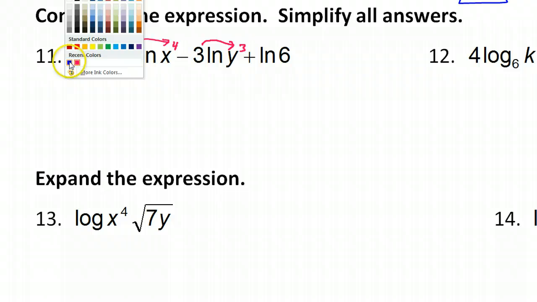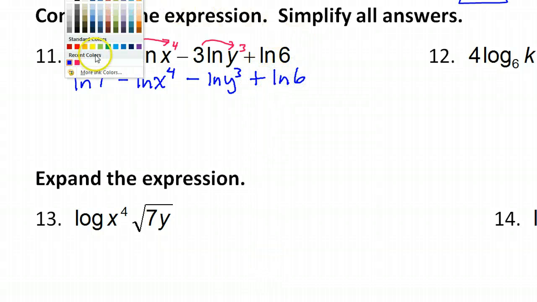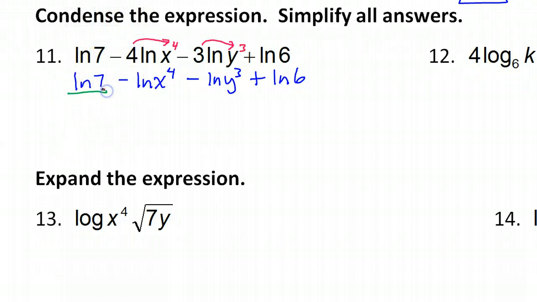Okay, so I'm going to have natural log 7 minus natural log x to the 4th minus natural log y to the 3rd plus natural log 6. Now, like I was saying, numerator, numerator, denominator, denominator. Alright, positive, positive, negative, negative.